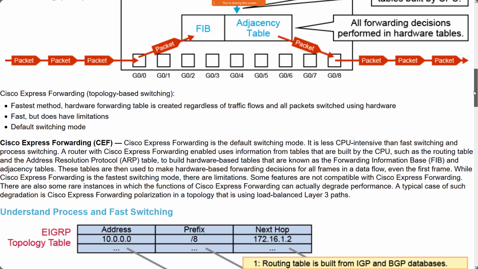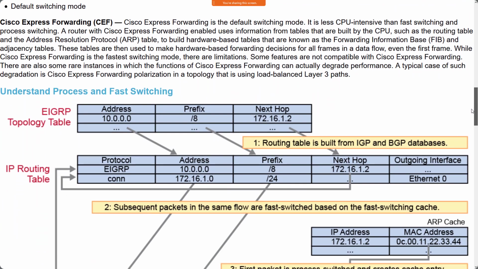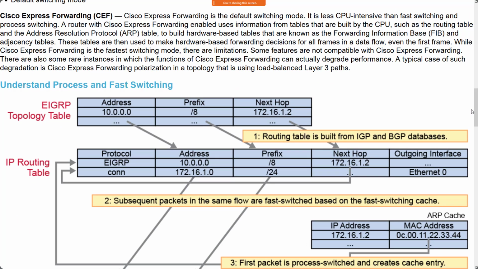All right, so Cisco Express Forwarding is turned on by default. It's going to be a lot less CPU intensive even than fast switching because, again, we're building the caches even before the first flow goes through the device, right? The ARP cache allows us to map destination MAC addresses to destination IP addresses. If you think about how routing works, there are three major components to routing.